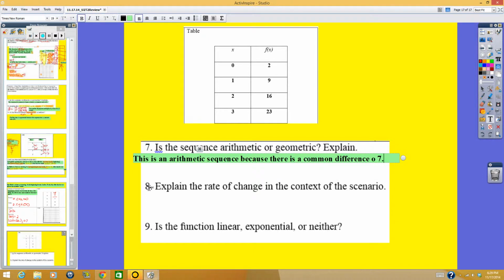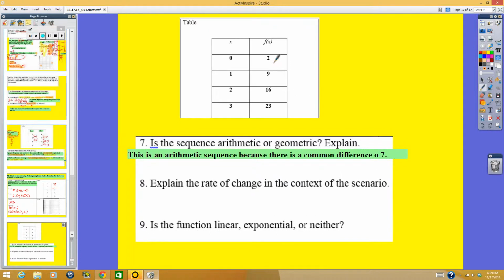That's it. Explain the rate of change. We already talked about it. This is going up by 7. And I know you could look at that and tell me it's going up by 1. So I'd start off by writing 7 over 1. Right? What's going up by 7? I said miles. And I believe this was days. So make that match.